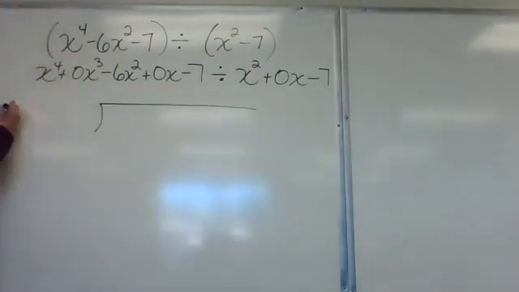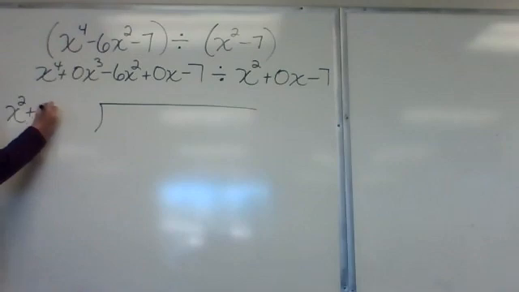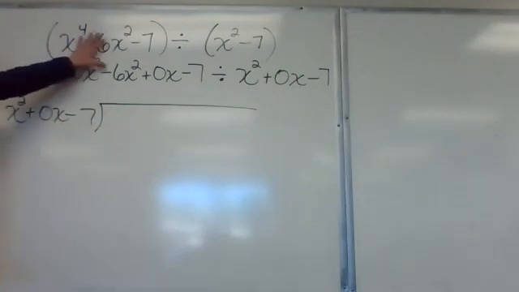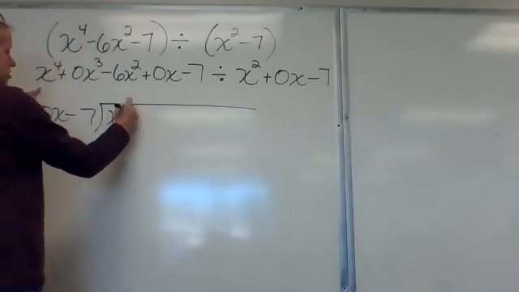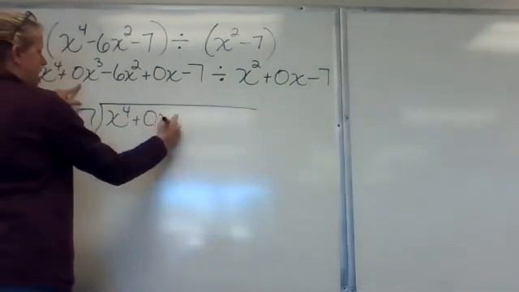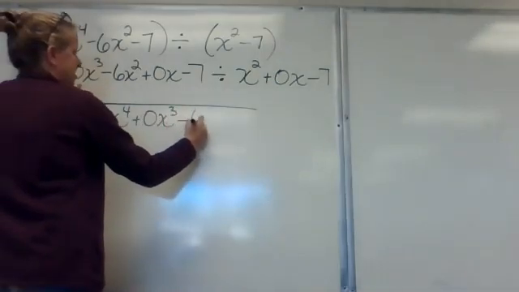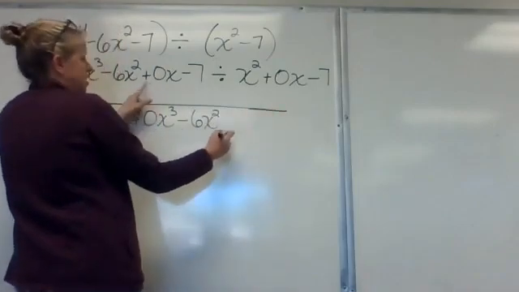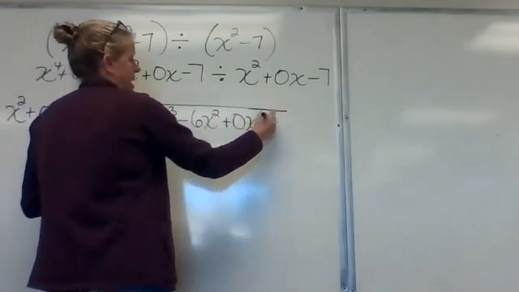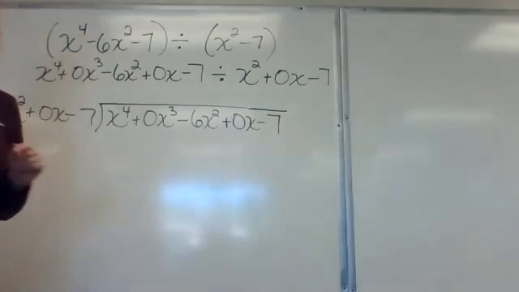X squared plus 0x minus 7. This part comes in here, so I have x to the 4th plus 0x to the 3rd minus 6x squared plus 0x minus 7.